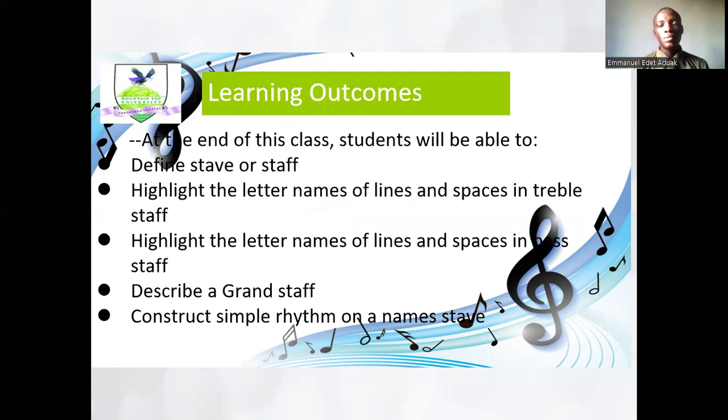At the end of this class, you should be able to define stave or staff, highlight the letter names of lines and spaces in treble staff, highlight the letter names of lines and spaces in bass staff, describe grand staff, then construct simple rhythm on a named staff.